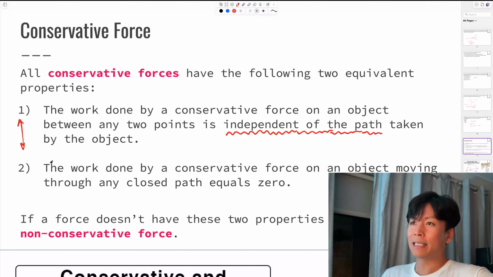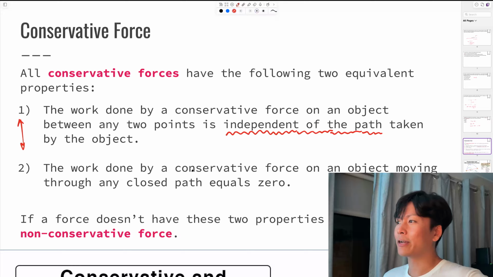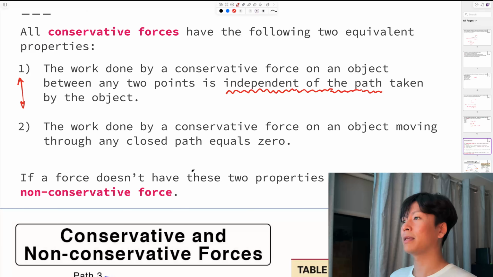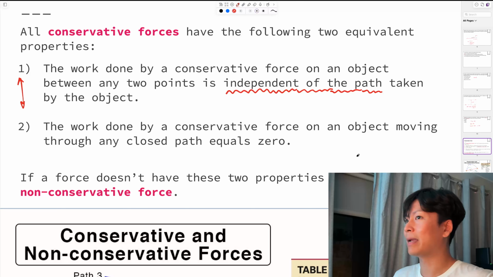Or secondly, and again, both of these are equivalent, another way to phrase it is that the work done by a conservative force on an object moving through any closed path equals 0. What do I mean by a closed path? Well, a closed path just means I make a loop with the object.